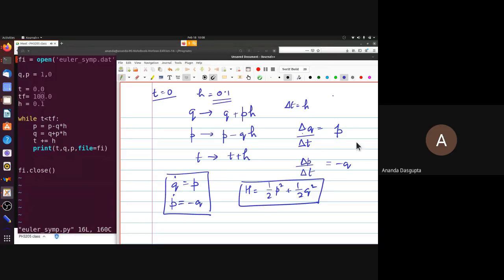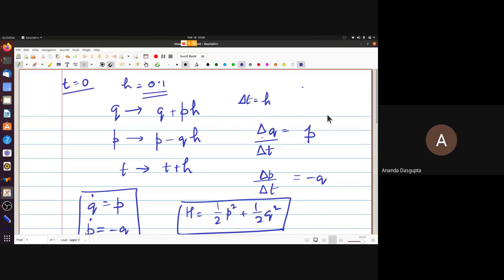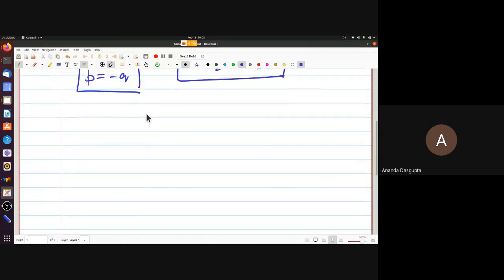So if I were to actually write this thing out properly, let's say the ith Q in the previous code in Euler, what we were doing is calculating the i plus 1th Q using the ith Q. Of course, it's the ith Q which you use anyway.